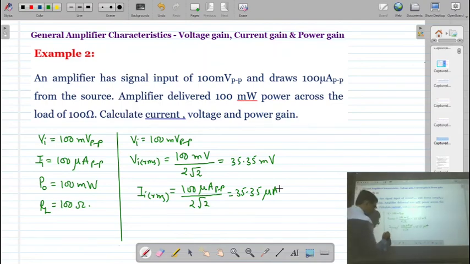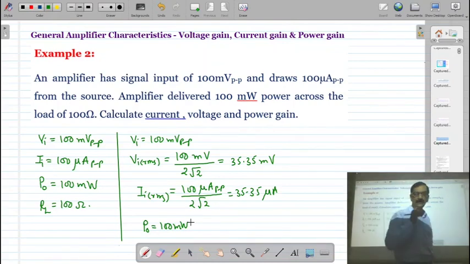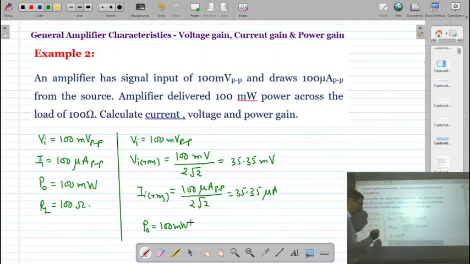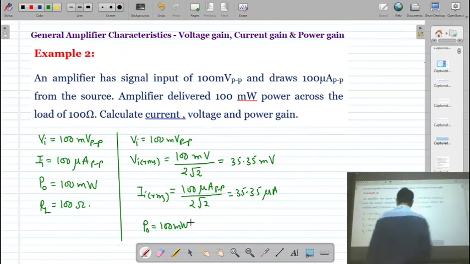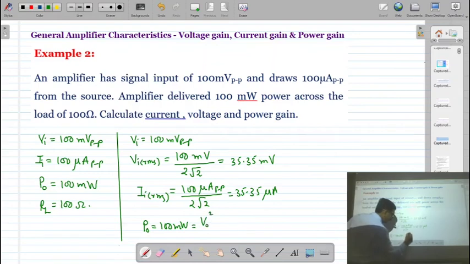Now the output power is given as 100 milliwatt. Correct? So from this power you can calculate the output current, or you can calculate the output voltage. Now we know that the power is given as VO square by RL. P is equal to V square by R. So from this you can calculate the output voltage.